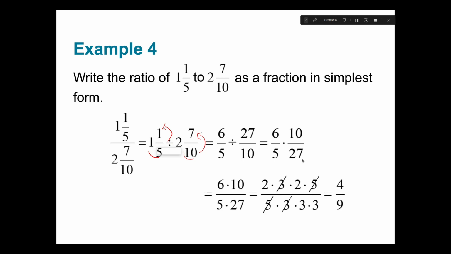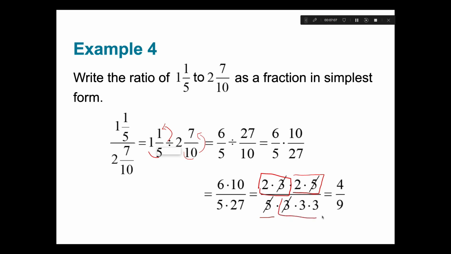Oh, they're going to go ahead and factor that out a little bit before they multiply. So they break this 6 into its factors of 2 and 3. They break the 10 into factors of 2 and 5. 5 is a prime number, so it just gets that 5. 27 is 3 times 9, or 3 times 3 times 3.